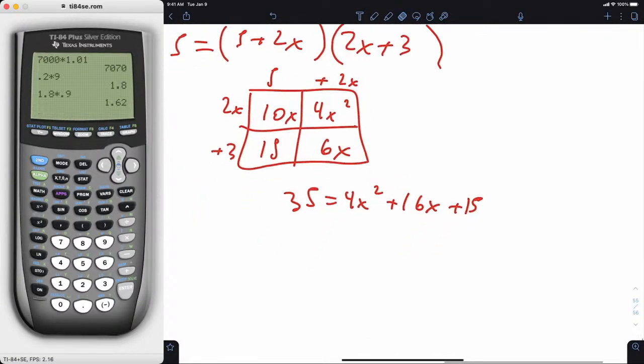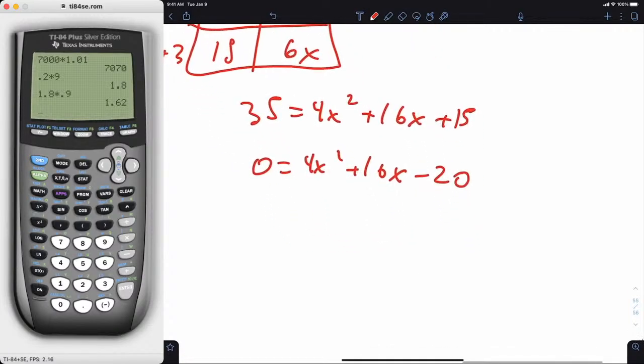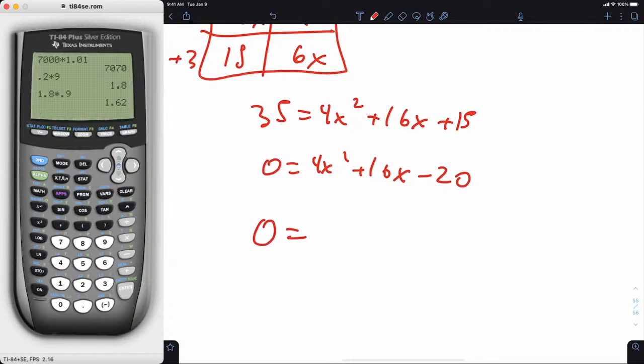I want to solve for x, so I'm subtracting 35. So 0 equals 4x squared plus 16x, and then subtracting 35, I should get minus 20. And then I can divide by 4. So 0 equals x squared plus 4x minus 5.